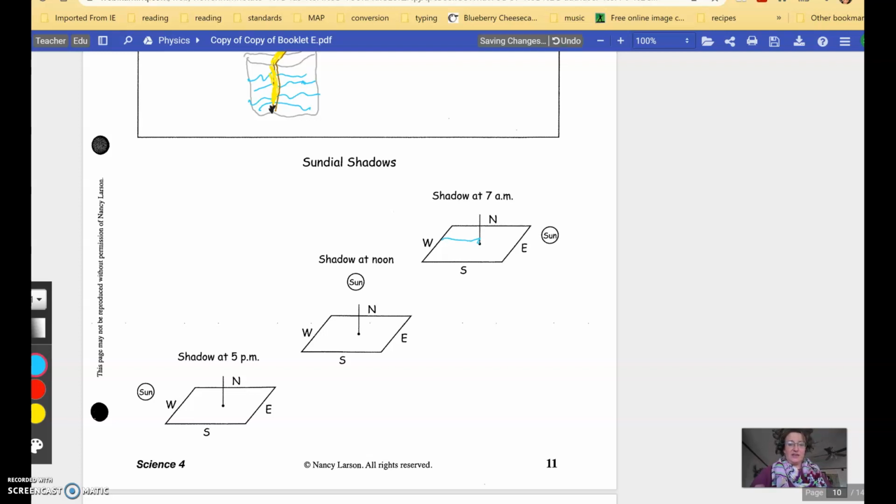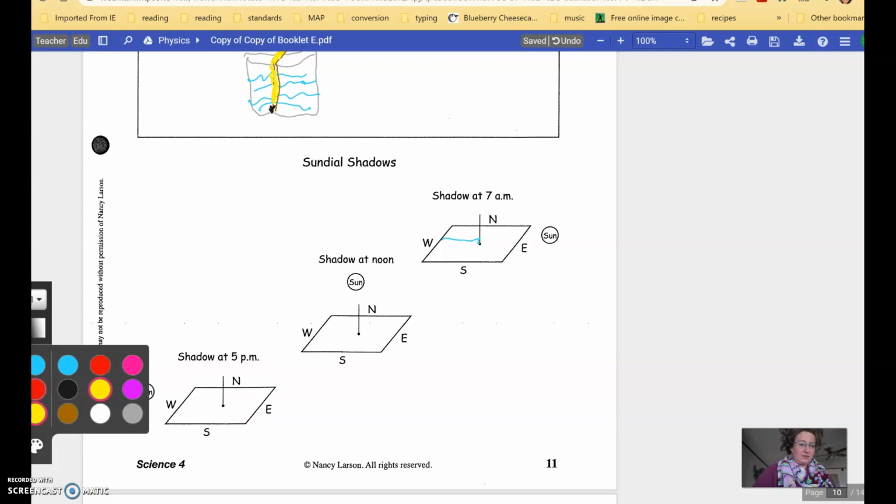If the sun is in the east, then your shadow in the morning would be going to the west. Here's our sun. Yay. All right.